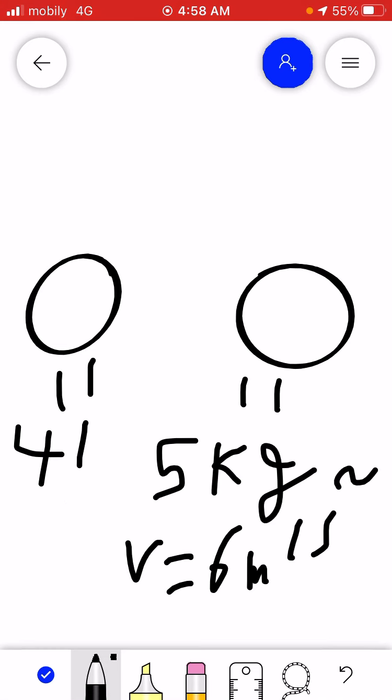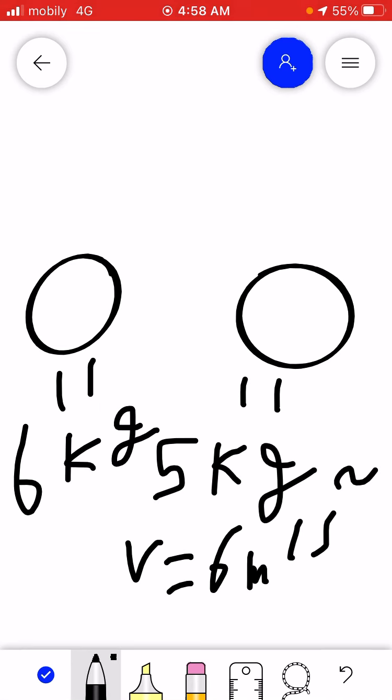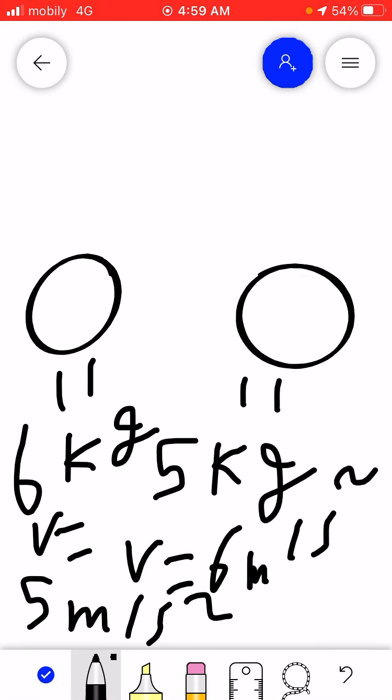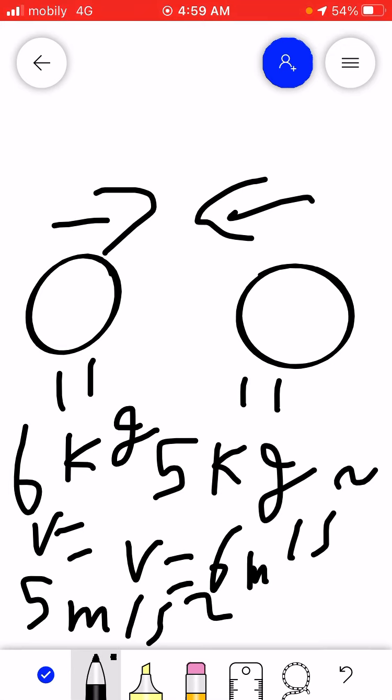So let's say it's 6 kilograms, and the velocity equals 5 meters per second square. This ball is moving in that direction, to the right, and this one is moving to the left, and they collide.